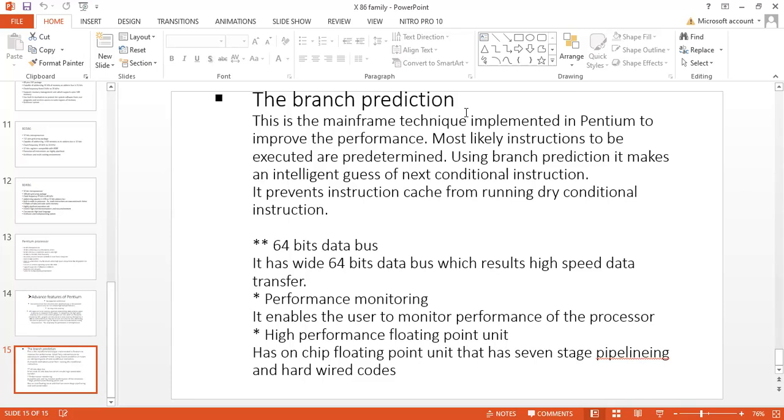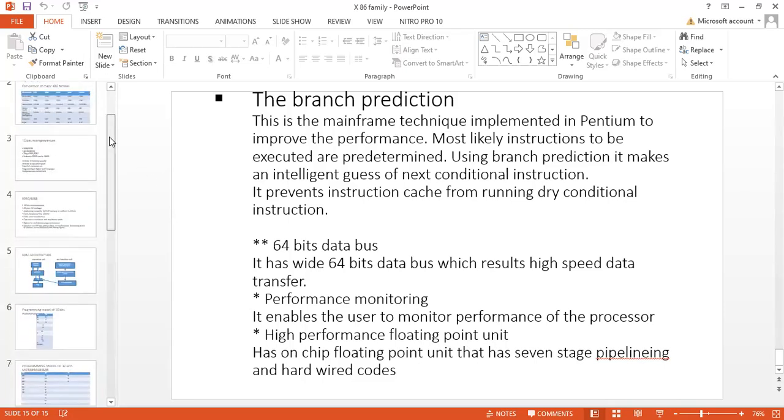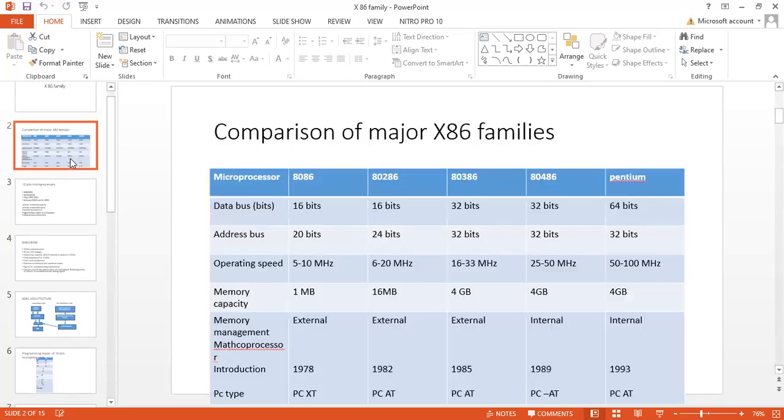Then they can ask you to compare 80386 with Pentium, or 80486 with Pentium. Any two they can ask you to compare. Okay. So for example, 80386 and Pentium, what will you write? 32-bit, this is 64-bit. So 32-bit data, 64-bit data, right? Then basically the address is the same for both. So this cannot be your comparison point.